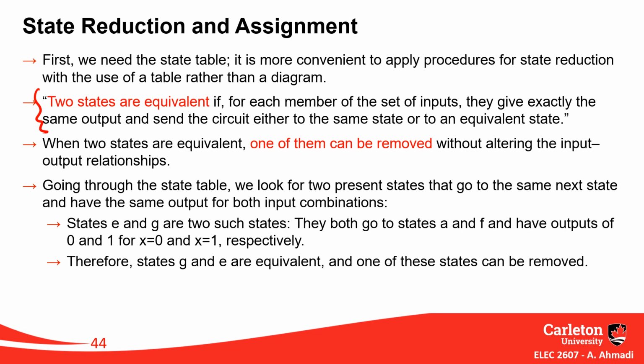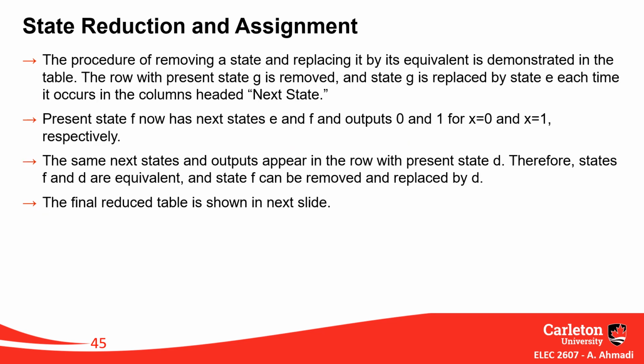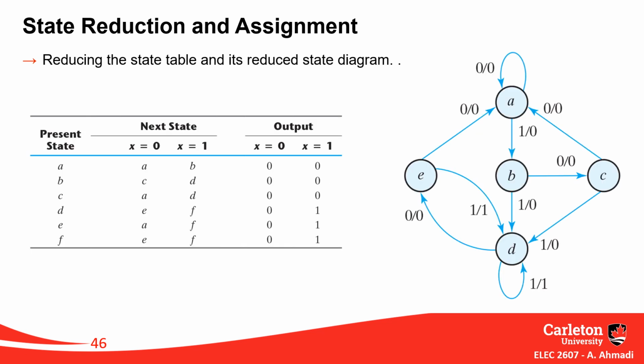They have to give you the same next states and same outputs in that transition. The procedure of removing a state and replacing it by its equivalent is demonstrated in the table. As you can see, two states have been combined together, and you have a smaller state diagram for your circuit.